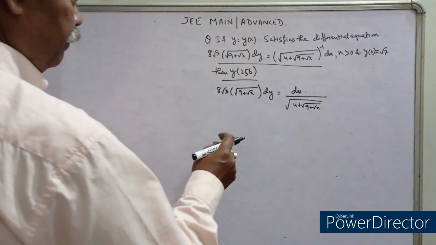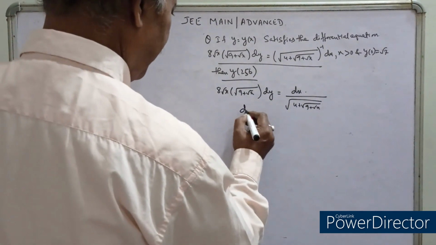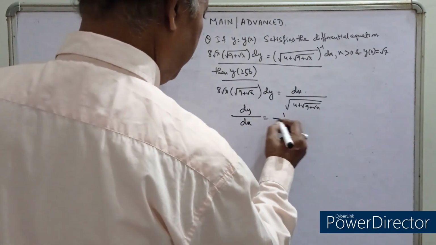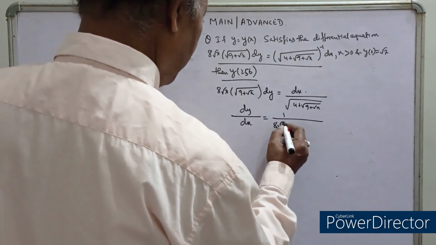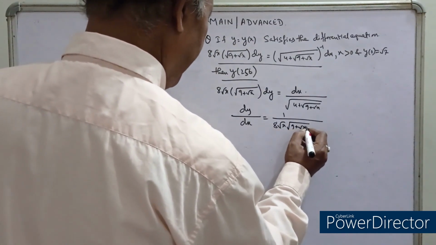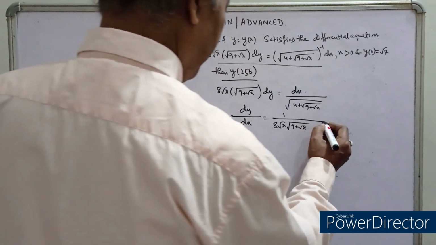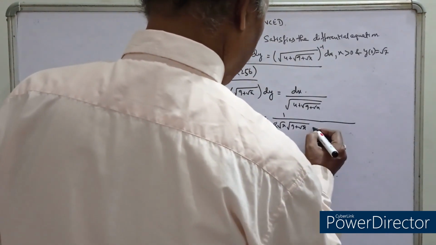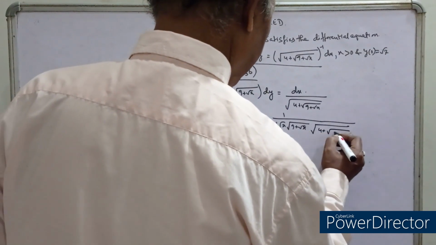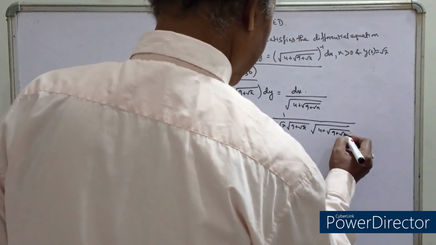So here your dy by dx is equal to 1 by 8 root x root 9 plus root x, and then root 4 plus root 9 plus root x.